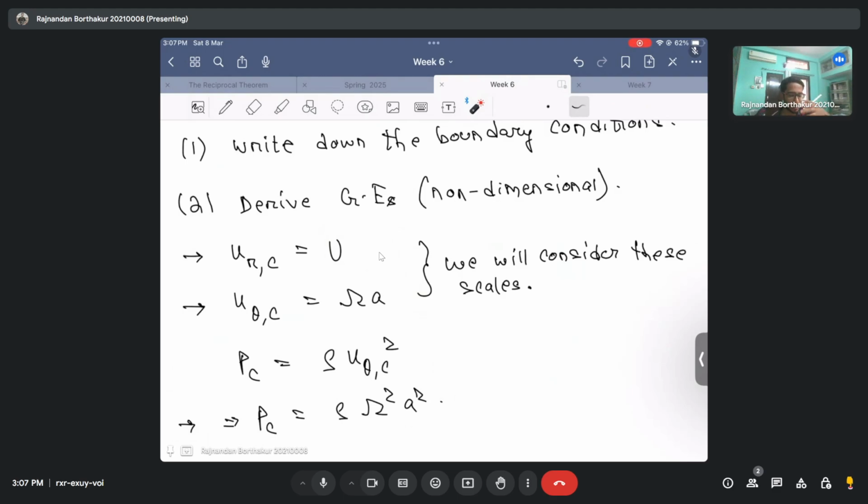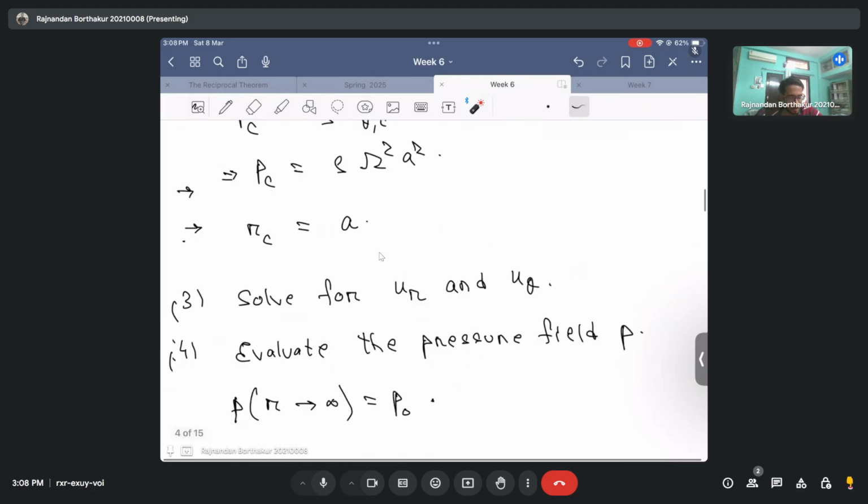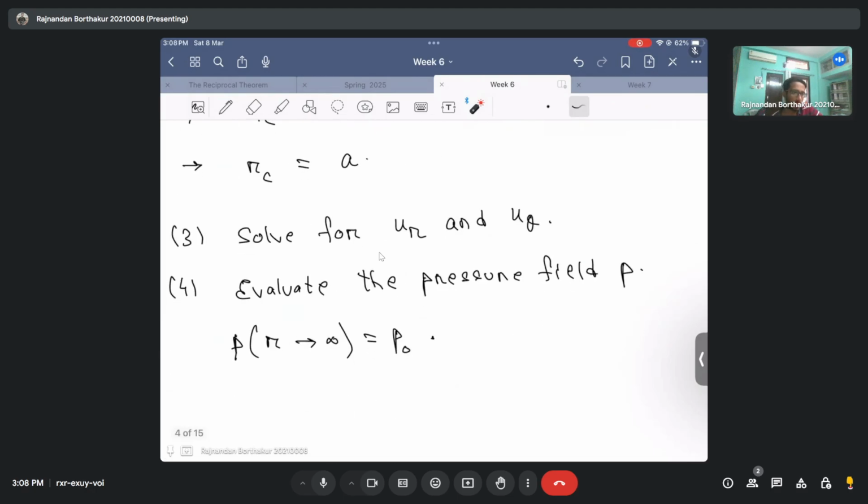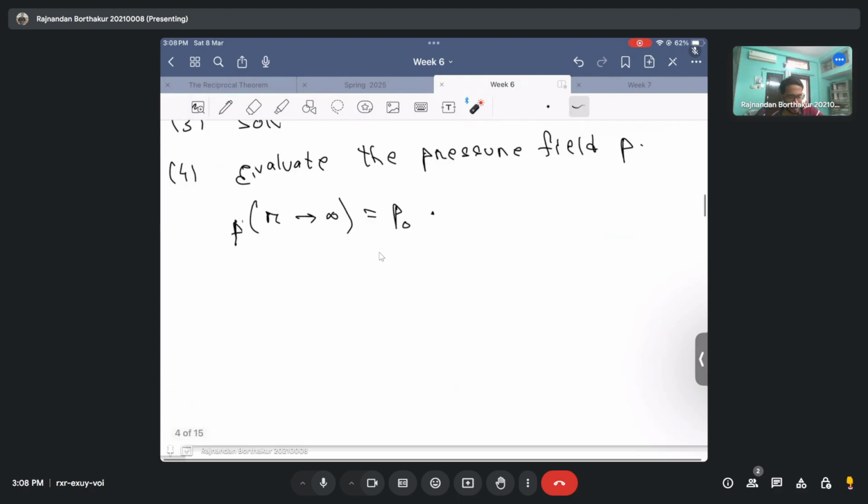The question asked us to use the two different scales of velocity corresponding to these two mechanisms, and then derive non-dimensional variables, for instance the velocity field and all other variables, using the prescribed characteristic variables. And using that, the further objective was to derive the non-dimensional governing equations. And that's what we did.